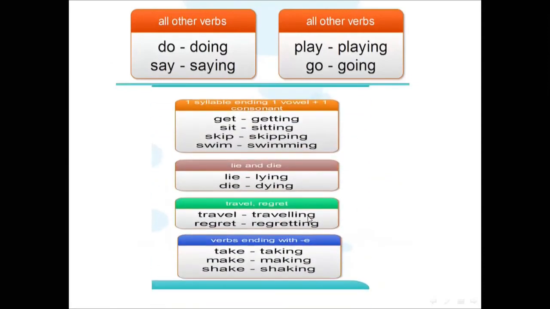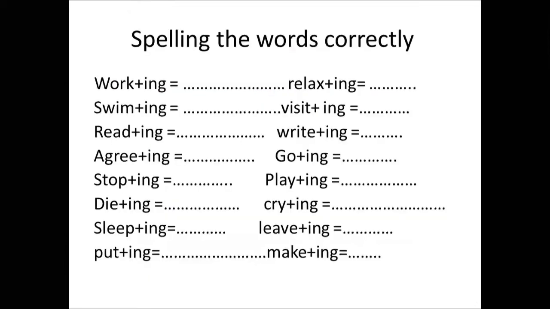These are more examples of verbs that we add ing to at the end. And this exercise we do in the classroom, okay. Now I want to do it now, okay.